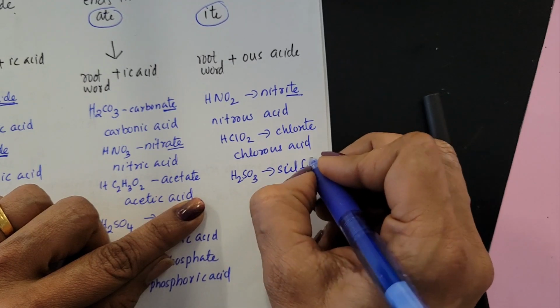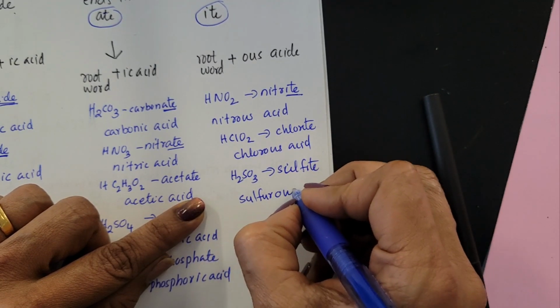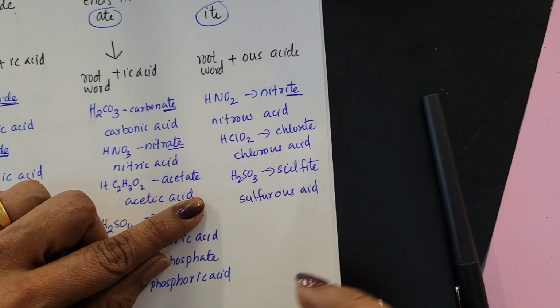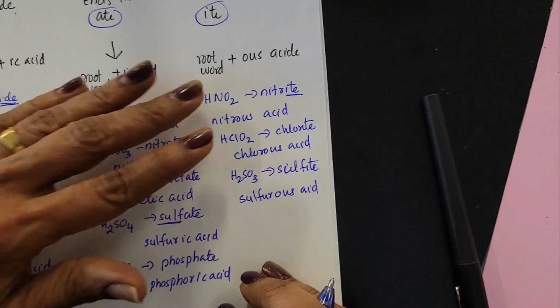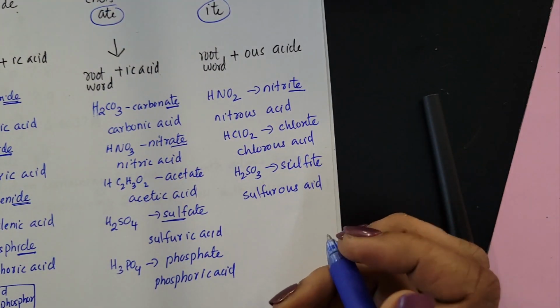Again, remember the exceptions. You have to write up to sulfur, then add OUS acid. Now practice all of these: just write the formulas from the polyatomic ion sheet and practice.